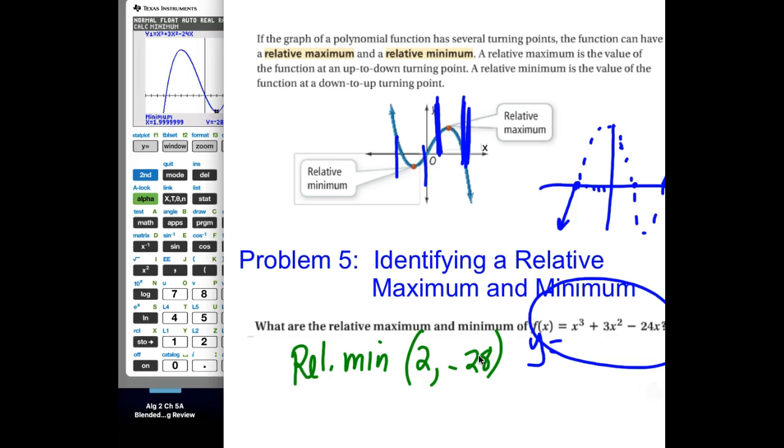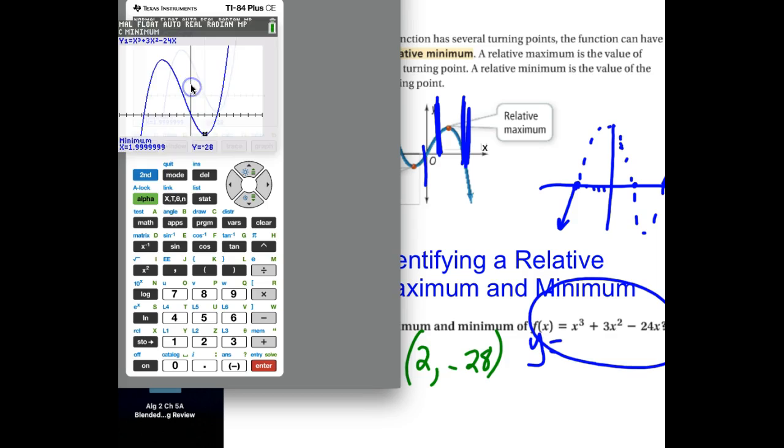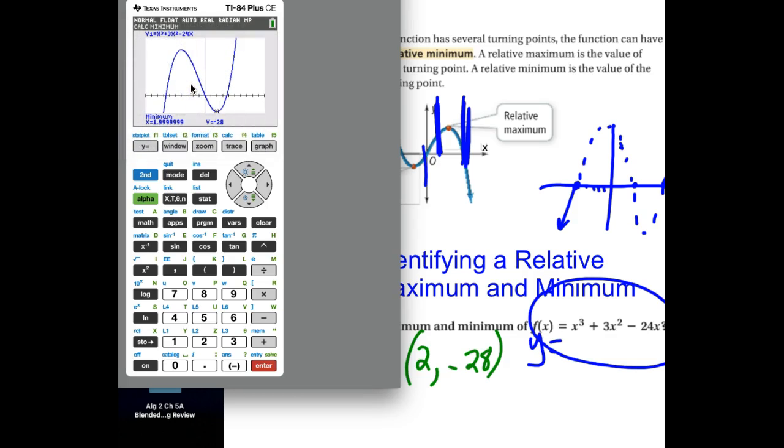Okay? Now we're going to do the same thing over again to find our maximum. So we're going to go back to our calculator. I'm going to do a second trace again. And this time I'm going to choose number 4, a maximum. It's real common for students to want to stop right about here and lock it in.